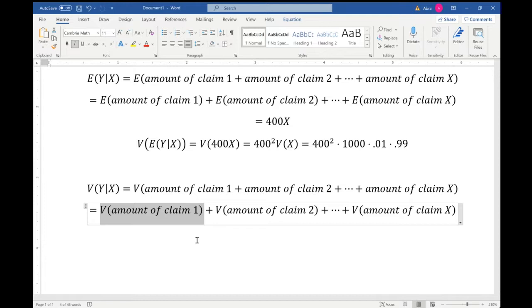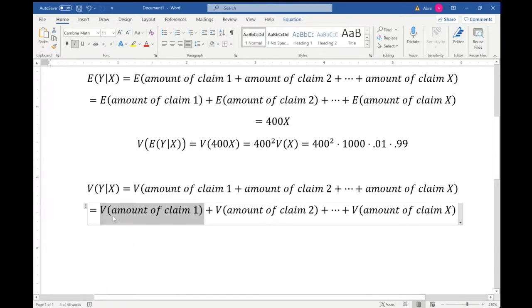So then the variance of one claim amount is 13,333.33. And so the variance of y given x is just 13,333 times x. Yep.